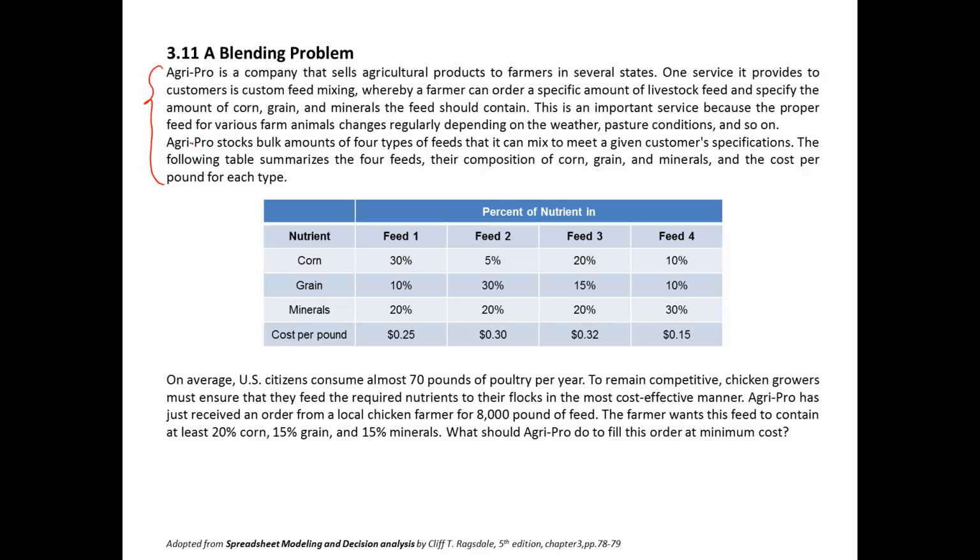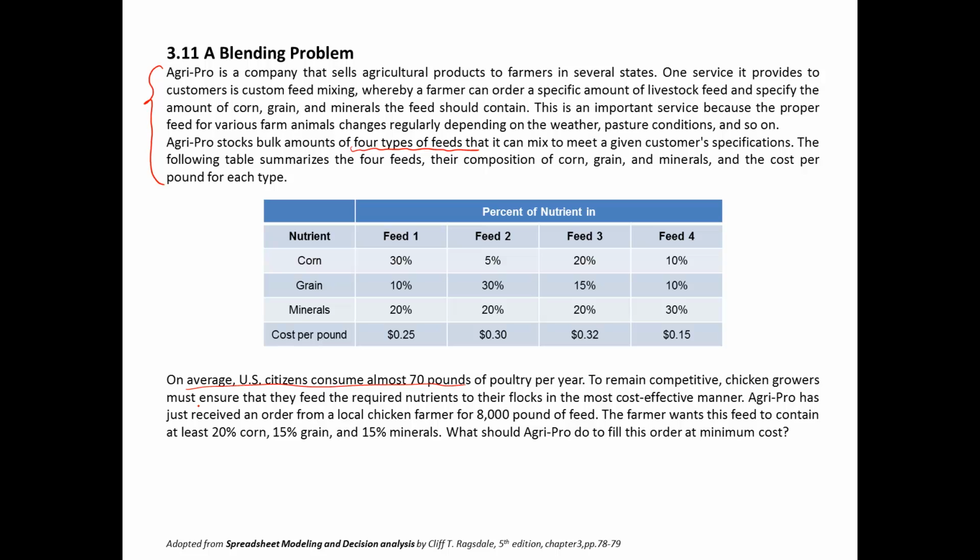This company has 4 types of feeds, specified here, feed 1, 2, 3, 4, that contain different percentages of corn, grains, and minerals. The cost per pound for each of those feeds differs too. Again, this is general information, and we probably don't need to use it.